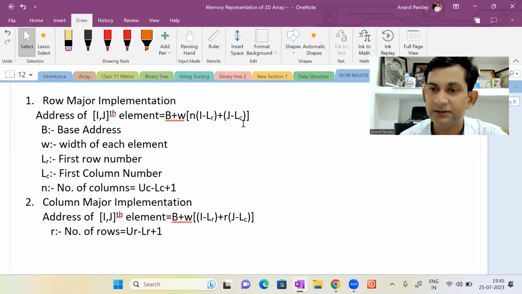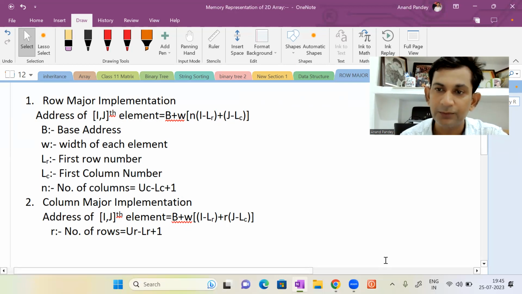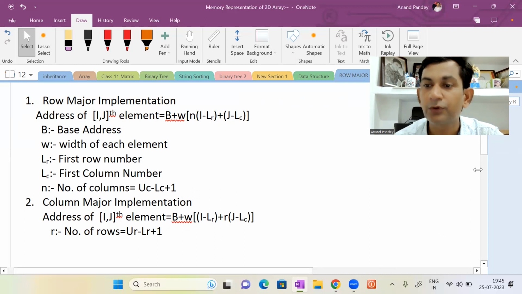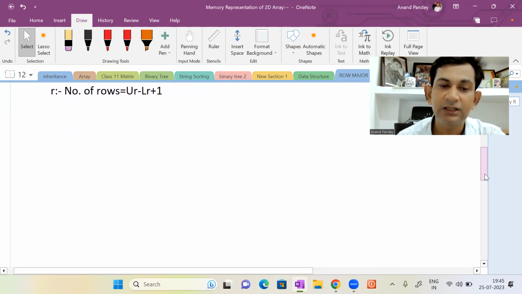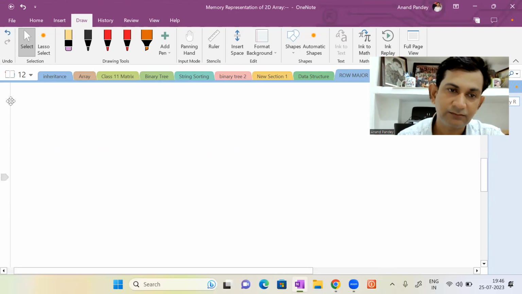Please remember the difference. Okay, so I'm going to attempt one question of row measure and one question of column measure to make the things clear which type of question you'll have in the board examination. So here we go with the first question.